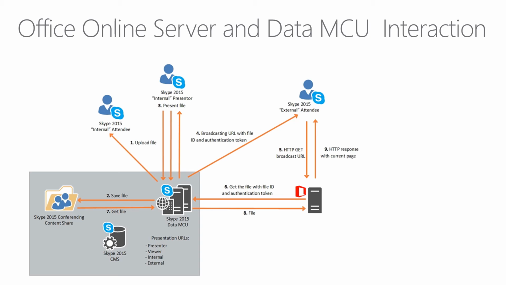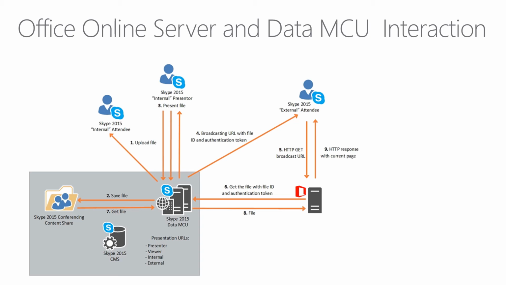Once the presentation begins, a broadcast URL with a file ID and authentication token is sent to all participants in the meeting. Once these participants receive this broadcast URL, they use an HTTP GET request in order to begin the process of downloading the file. Passed as part of that GET request is, of course, the file ID and the authentication token.